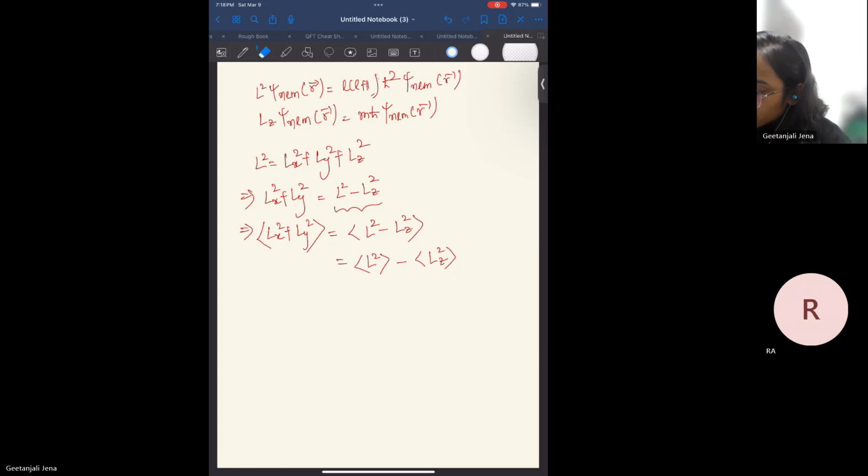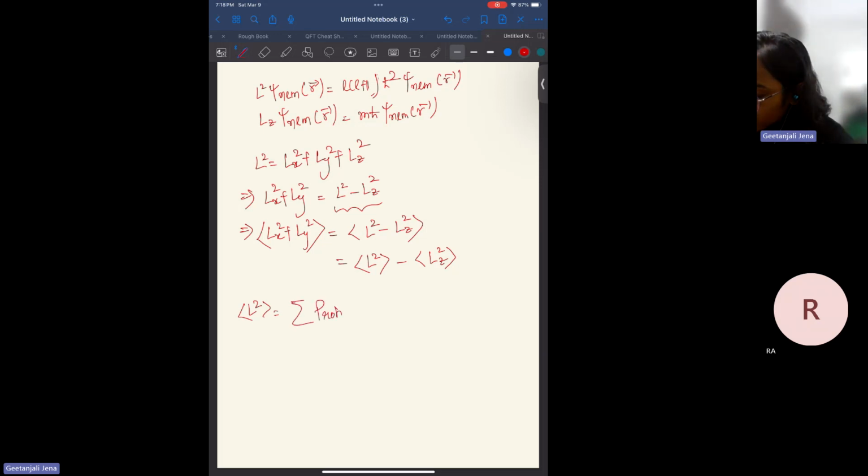Now this L square expectation, you can write it as summation of probability multiplied by eigenvalue, right? So what we have to do is we have to find out the NLM for the superposed state.